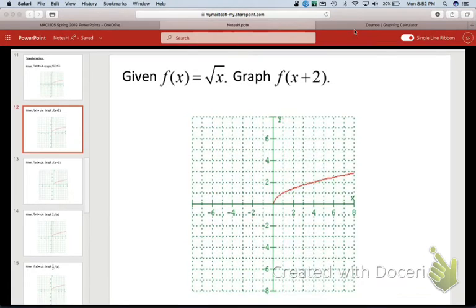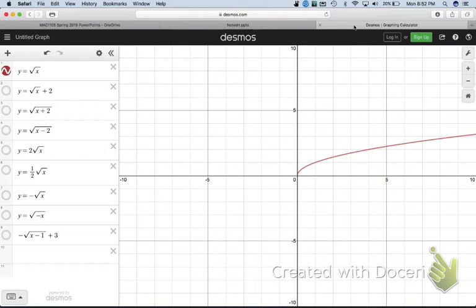Here we go. All right, so right now I have for us graphed that parent function, y equals the square root of x, just like was in our slide. And I am going to add to that, in blue, the square root of x plus 2. Notice what happened here in our graph.